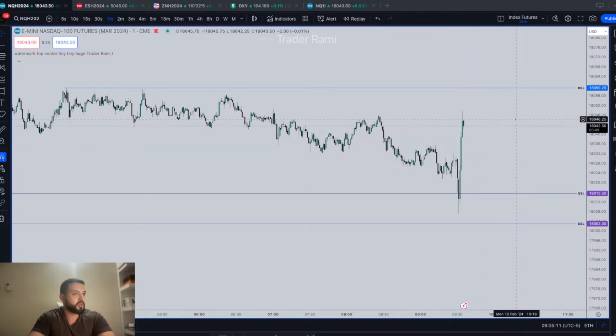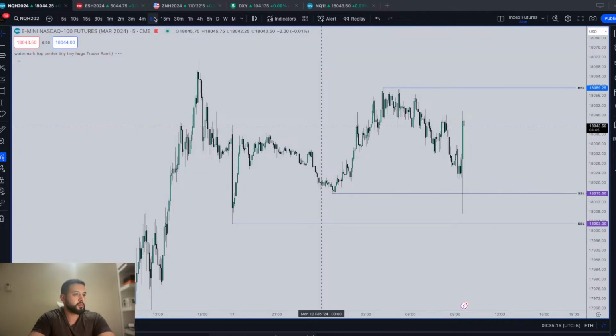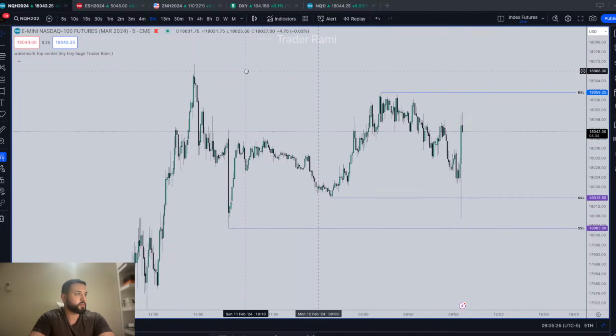But price currently looks like it's in a hurry. Short-term buy side taken. Bullish breaker. Friday highs are here.